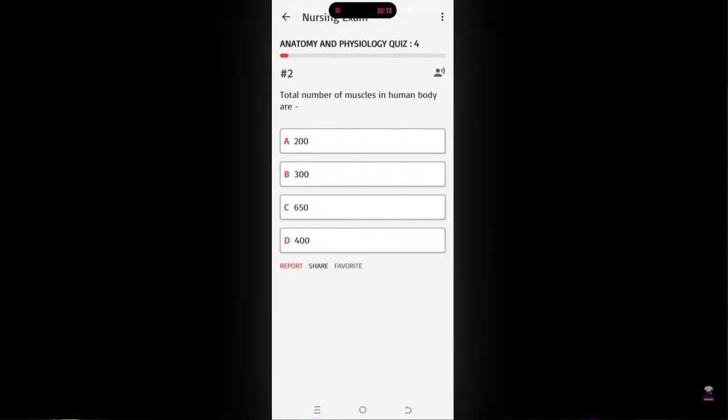The total number of muscles in the human body are A. 200, B. 300, C. 650, D. 400.